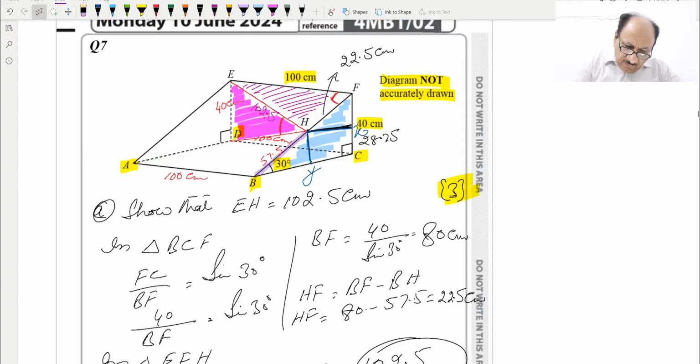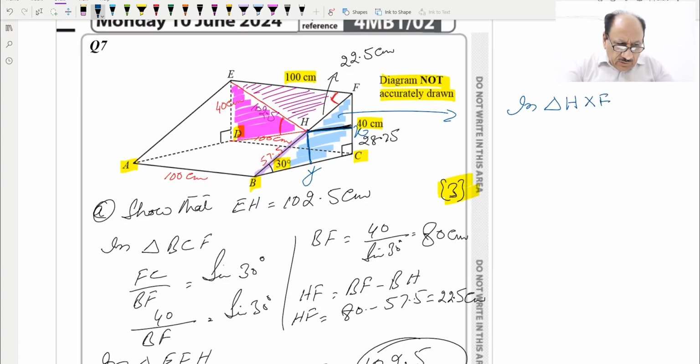In triangle h, x and f, hx square is equal to hf square minus fx square, which is our Pythagoras theorem that we are applying.